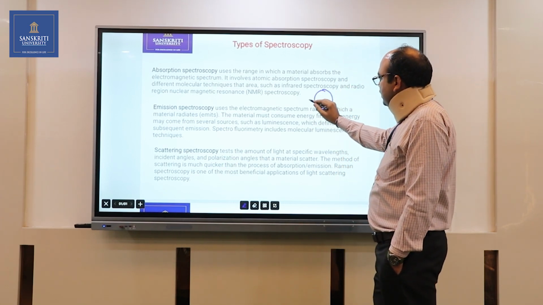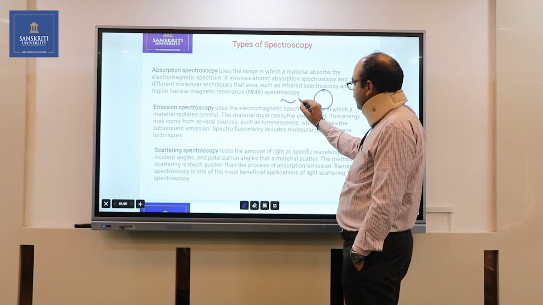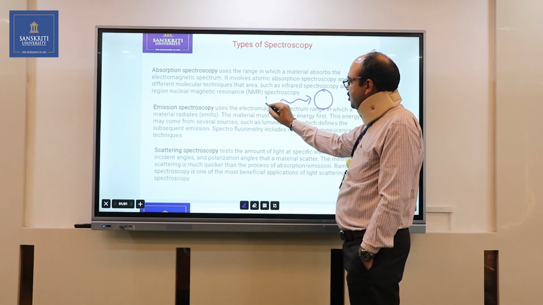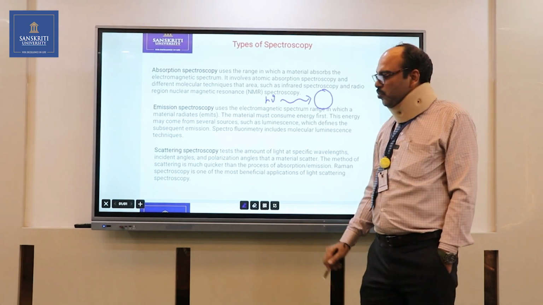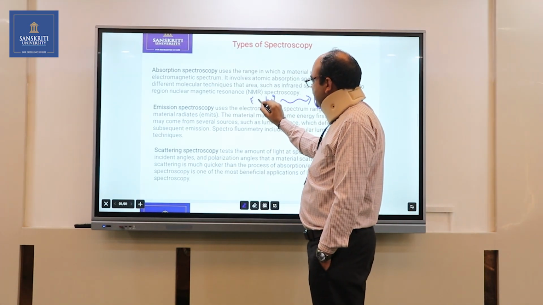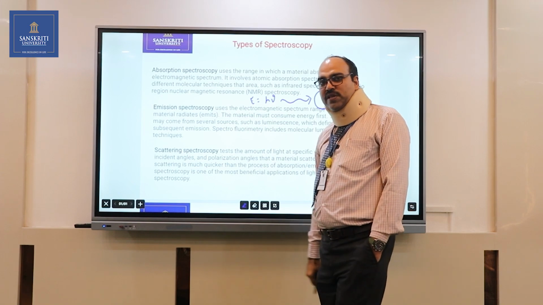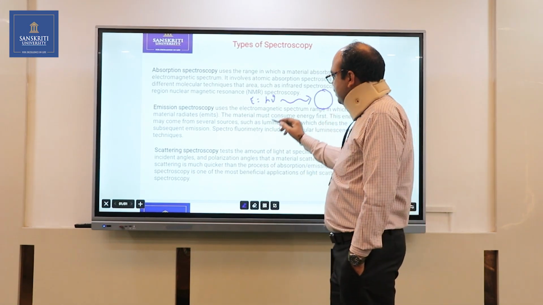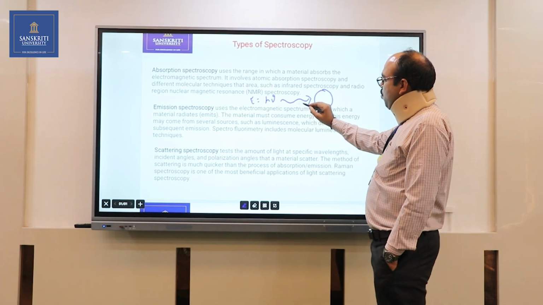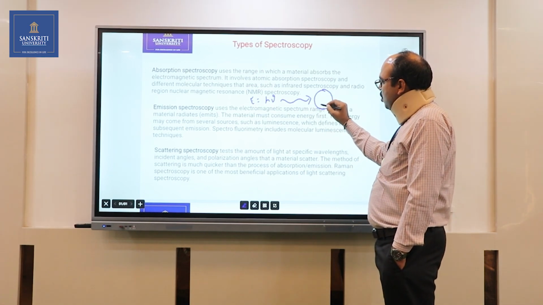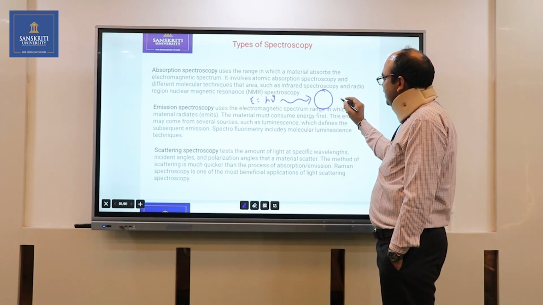When the material absorbs radiations, radiations means we are talking about h nu. It is E equals h nu. Electromagnetic radiation is defined as E equals h nu, first told by Einstein. When photons strike the matter, what happens?